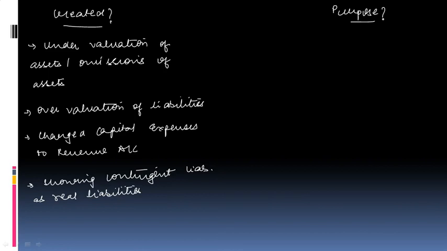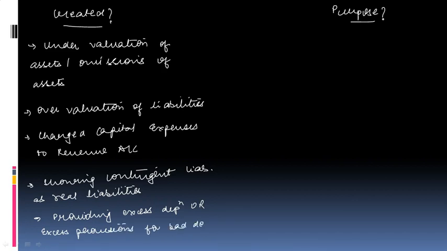This will lead to an increase in liabilities again. Or providing excess depreciation. Or excess provision for bad debts. Excess provision for bad debts will lead to creation of secret reserve.